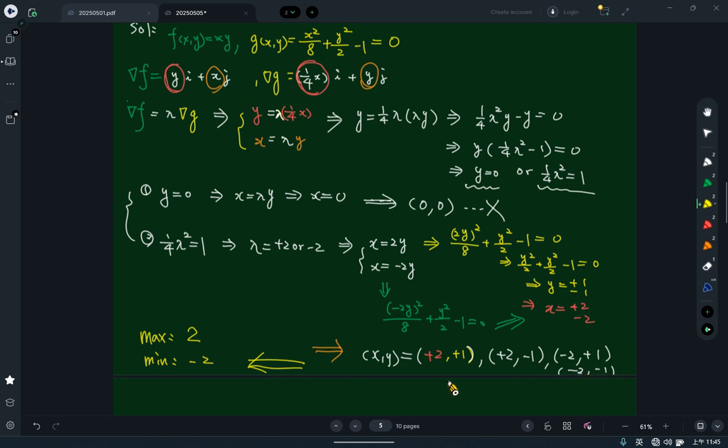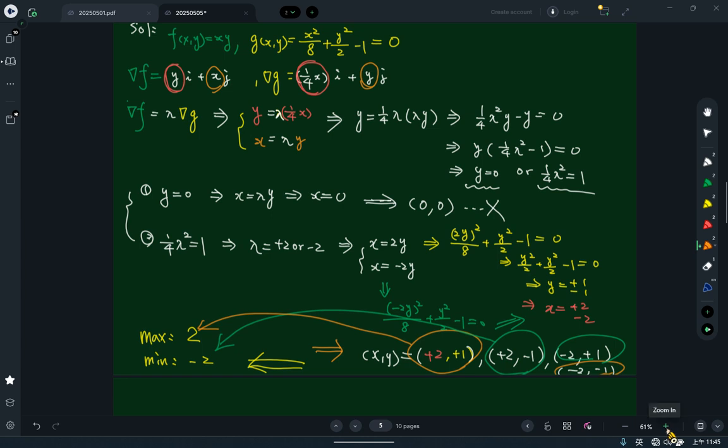So finally, the maximum value will be 2. This one can produce a maximum one. This one also can produce a maximum one. And the green one can produce the minimum one. This one is maximum.